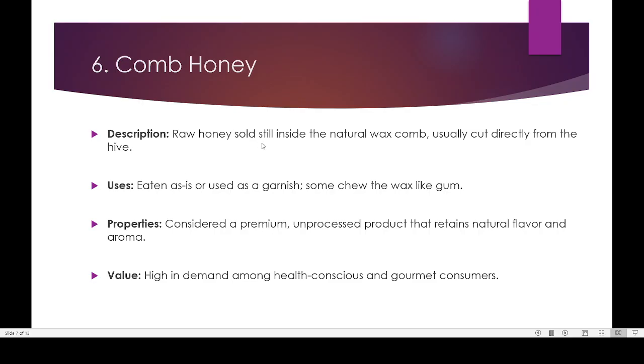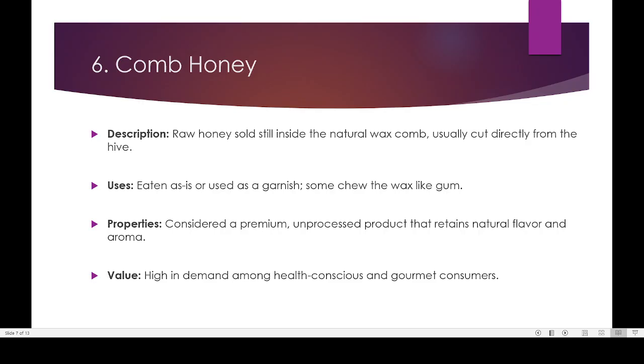It is raw honey sold still inside the natural wax comb. If we are not processing anything, we just take the honey in its natural form and sell it. Here you can see how they are selling it as a marketable product without any modification.